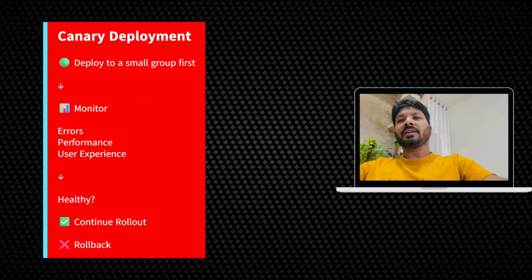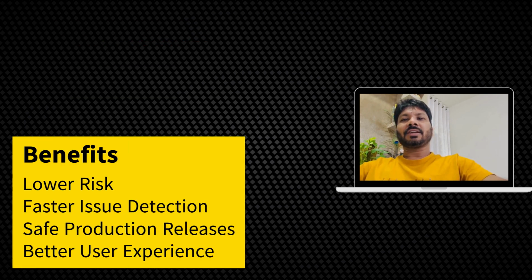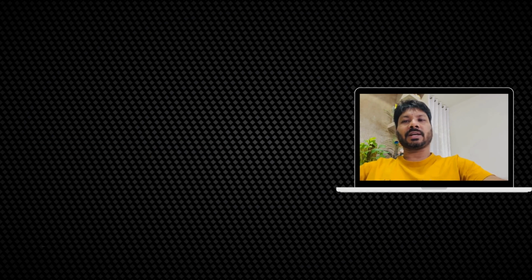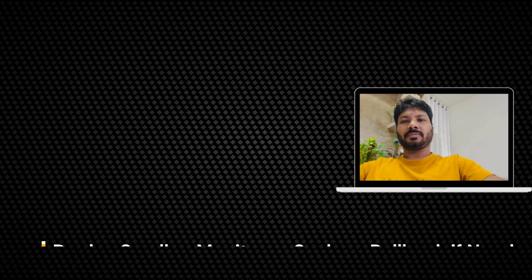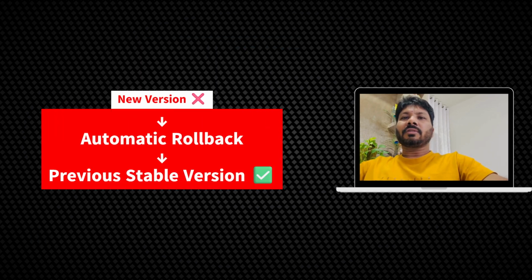Because no matter how many tests you perform, real users always behave differently. If something unexpected happens, only a small percentage of users are affected. Engineers monitor the application carefully. If everything looks healthy, they roll out in minutes. The rollout continues. If not, the system instantly rolls back to the previous version, almost like nothing ever happened.